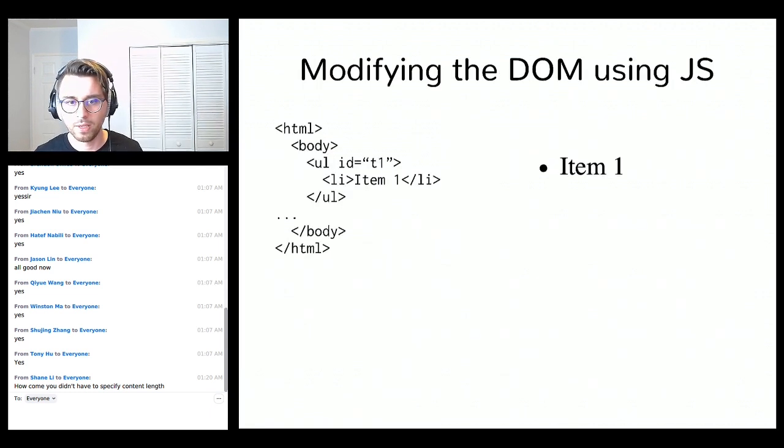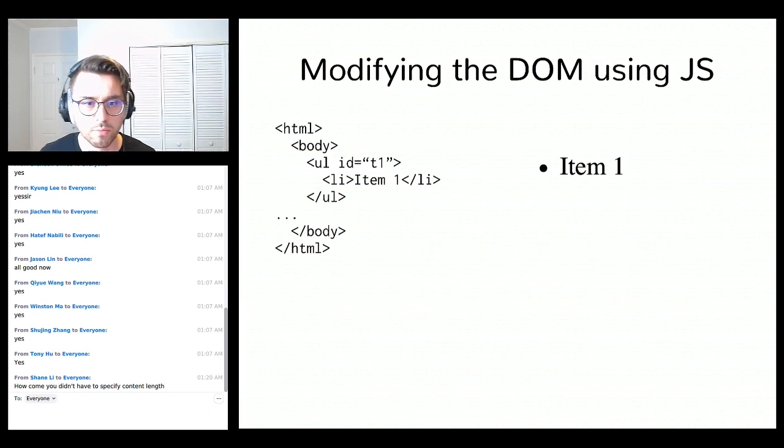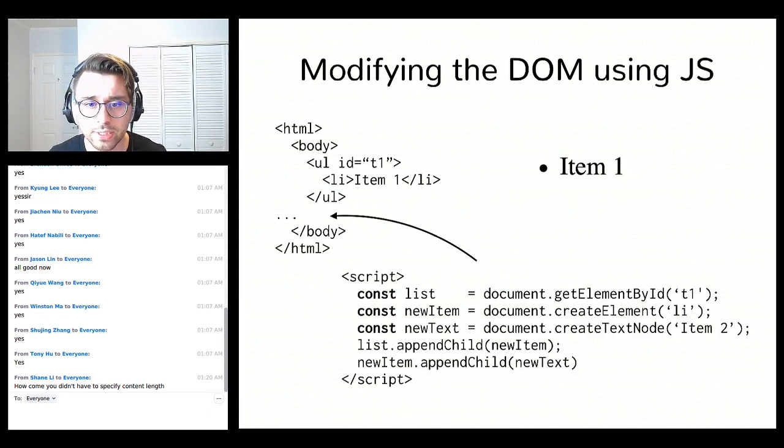Okay, so if you haven't played with the DOM or written much JavaScript, here is maybe one of the simplest examples, where we have some HTML that contains a body. This body contains an unordered list that contains one item. Well, if we had a script in between this item and the rest of the body by the end of it, this script could, for example, insert another item, right?